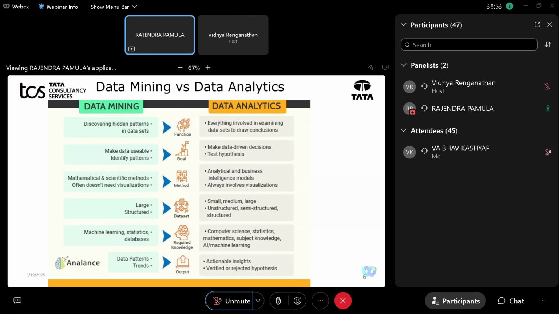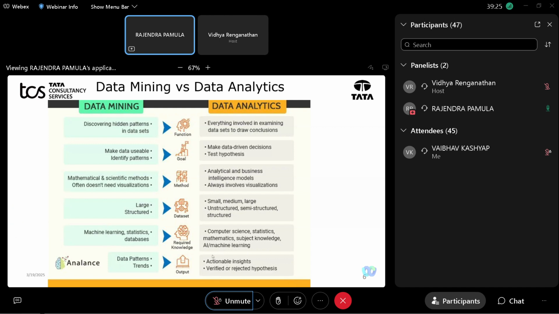Understand how it is represented, what statistics are used to evaluate or produce hidden patterns, and how they are performing. That is what we call learning techniques, required when we are working on data mining. This knowledge is required: we need to know about databases, statistics, and the learning patterns.